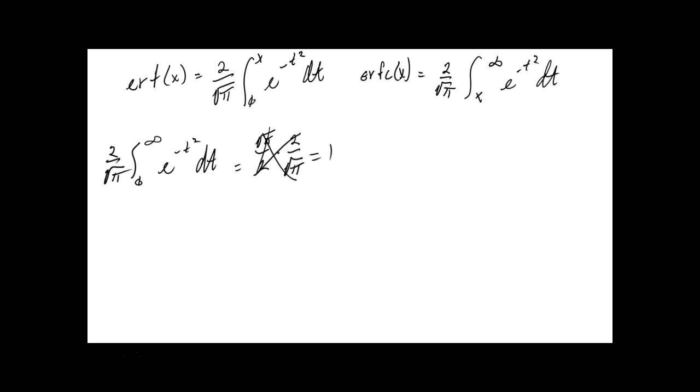The total area under that curve is 1, and that's what this is saying. So if you know what part is, the other part is 1 minus the complementary part. Okay. So that's what leads to error function of x plus the complementary error function of x is always equal to 1.